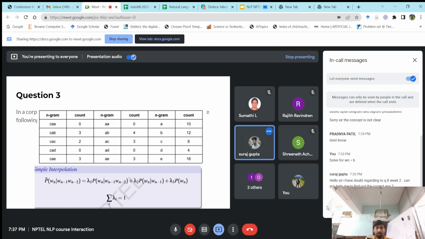Actually, I joined late, so here I think we have to find a trigram related to words A, B, C, D, E. Okay, you can wait a bit. Let others solve, then I can discuss.